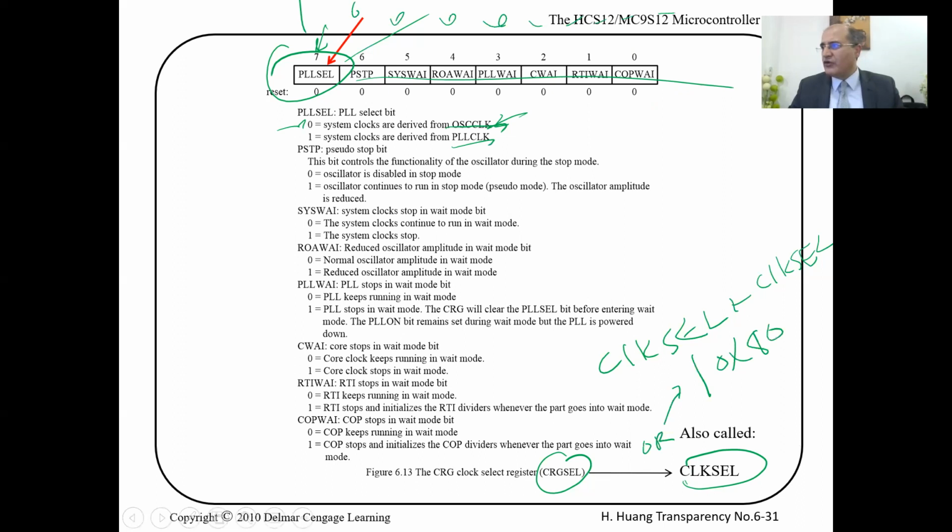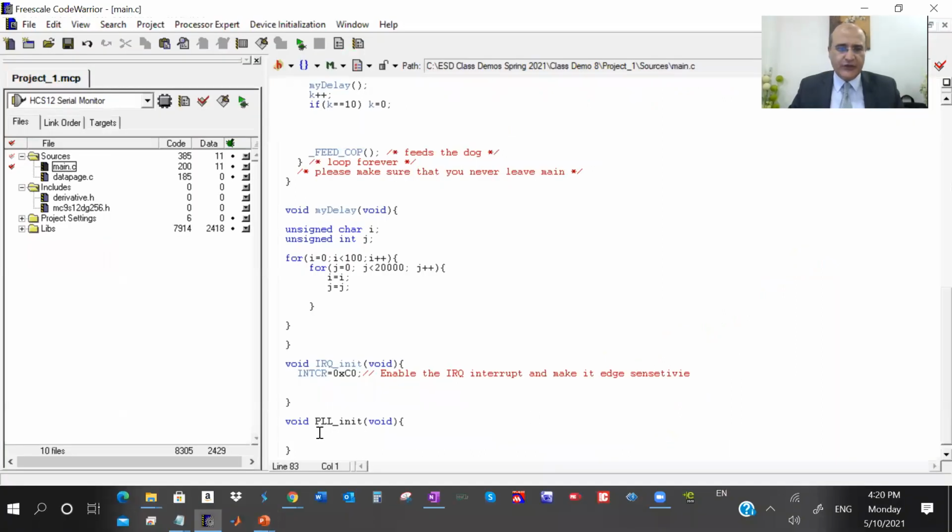Let's go back to our code here. So the first step is the SYNR register. We write a 2 in it.